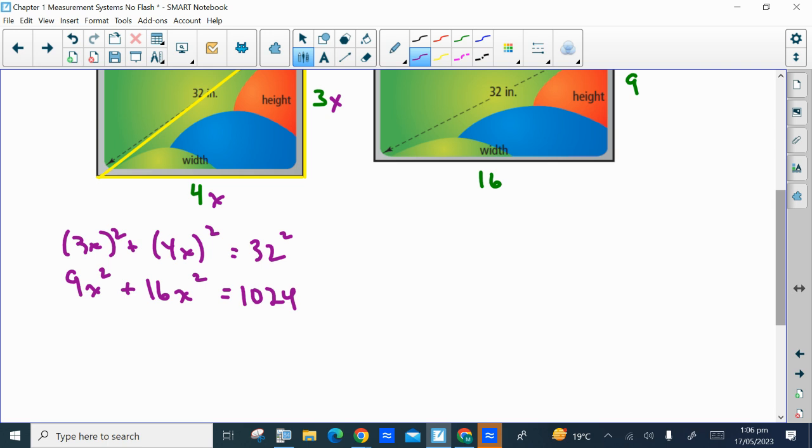We can solve for x. We'd start by first adding the 9 and 16 together. Those are like terms. That'll give us 25x squared equals 1,024. We can divide both sides by 25 to get x squared by itself.